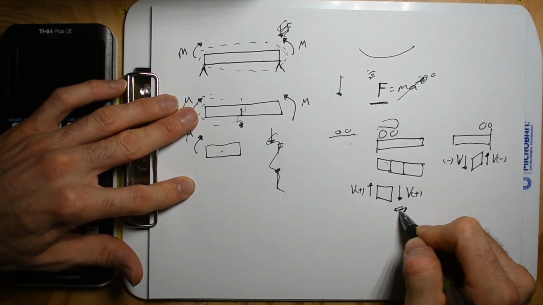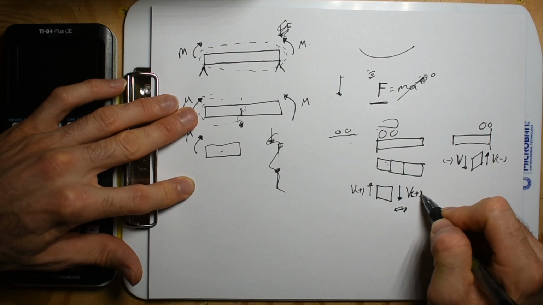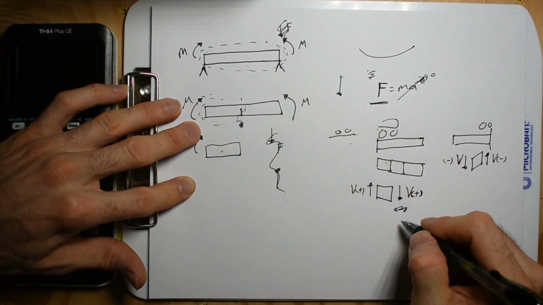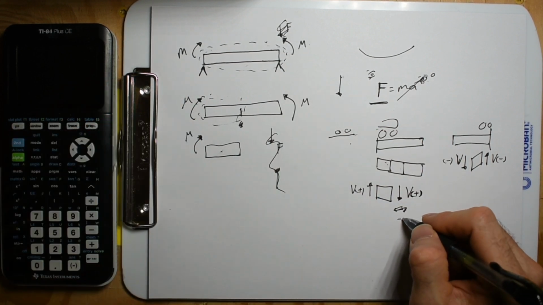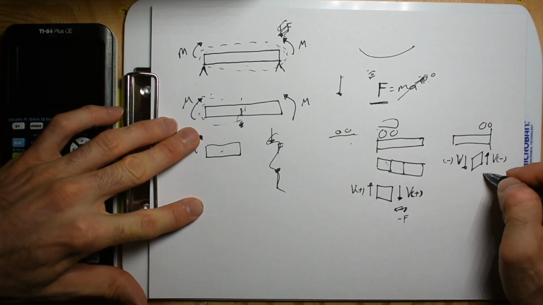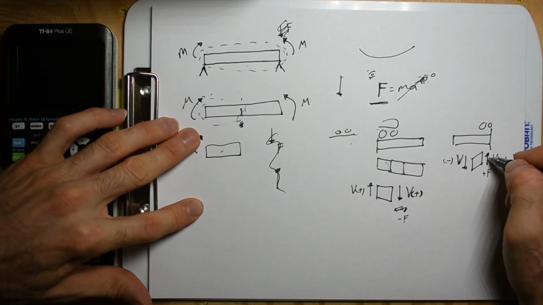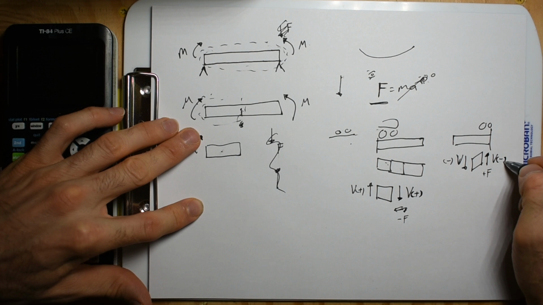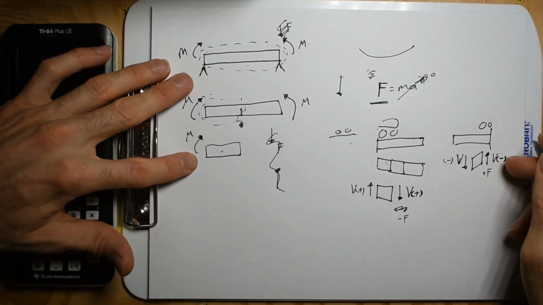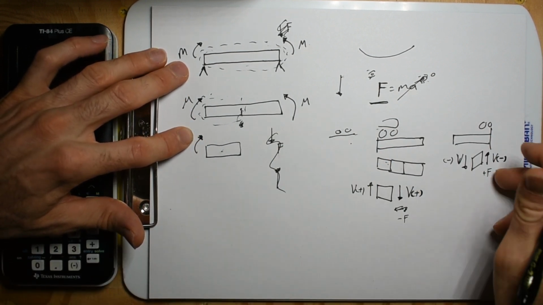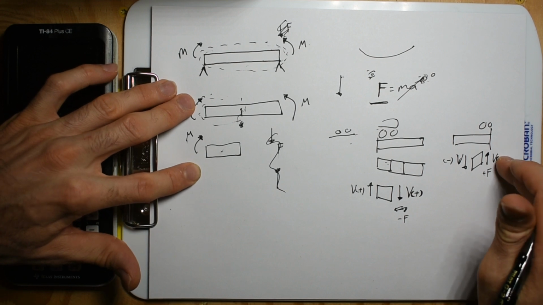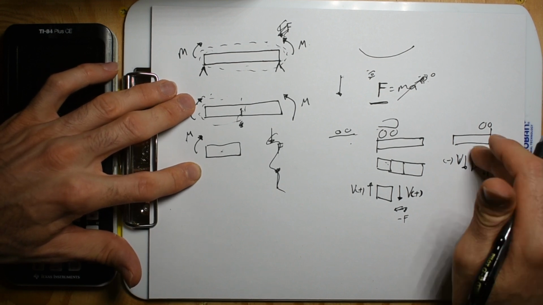I'm going to use these symbols to designate what we do on the symbol. A negative force is what we find there, and then a positive force. But due to sign convention, I'm going to do these little parentheses and say, hey, when I put it on my moment diagram, if I'm saying that's the shear force, well, this is a negative.